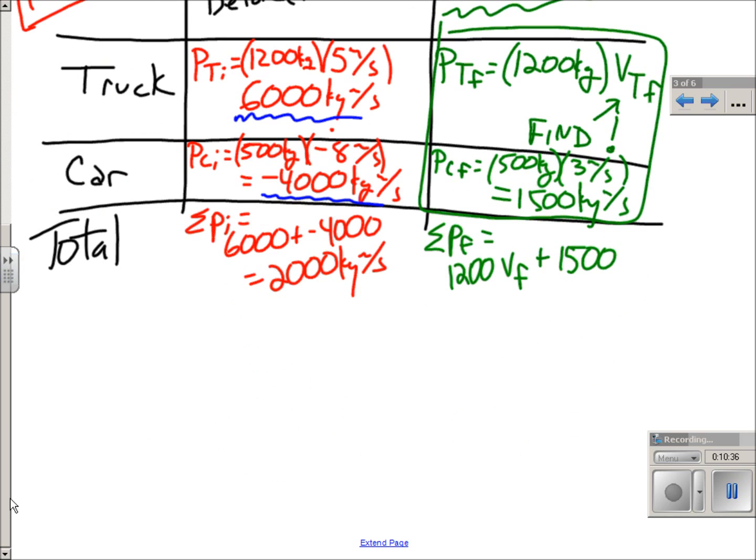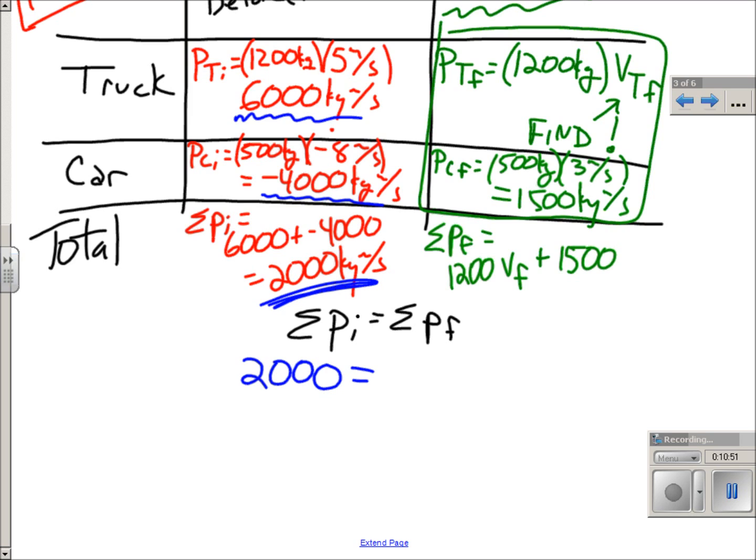Conservation of momentum tells me the total momentum before the collision is equal to the total momentum after the collision. So here we go. Total momentum before the collision is right there, 2,000, right? Well, that's got to equal the total momentum after the collision. That's this. Okay, so solve it.